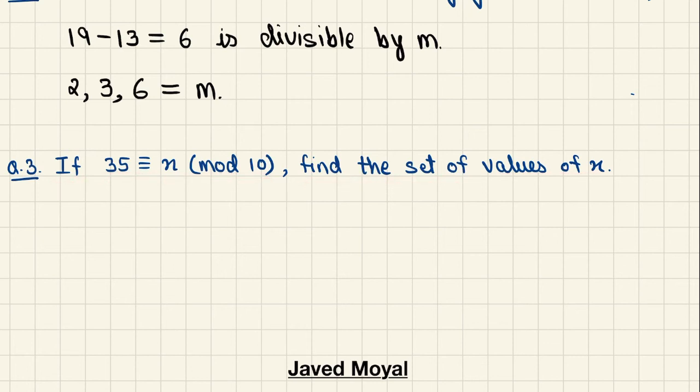So here we can start with 35 minus x. If it is divisible by 10, we can say let this be equal to 10q, where q is an integer.